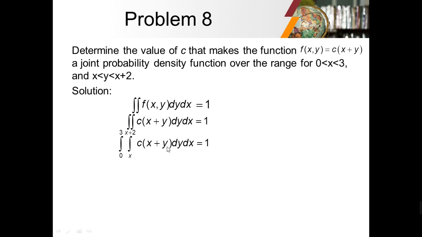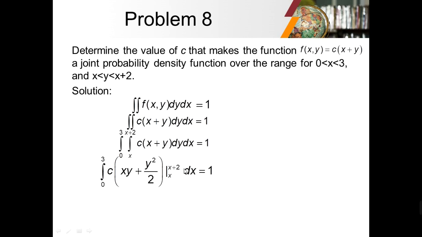Tapos, ang y naman ay y squared over 2. Okay, so ito, kasi ito'y constant, integral of a constant is the variable, plus yung sa integral naman ng y squared over 2. Then, isa-substitute natin yung limits na x to x plus 2.